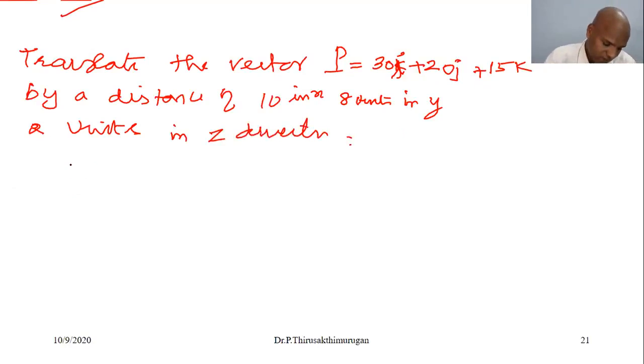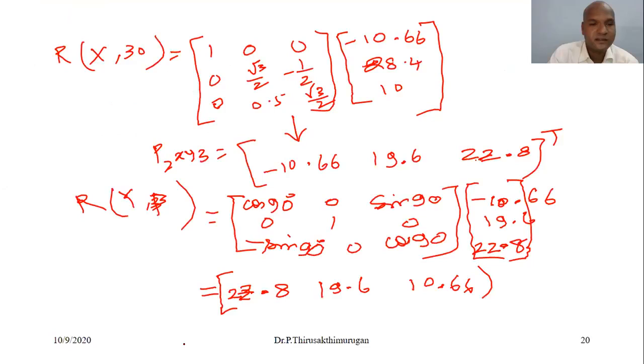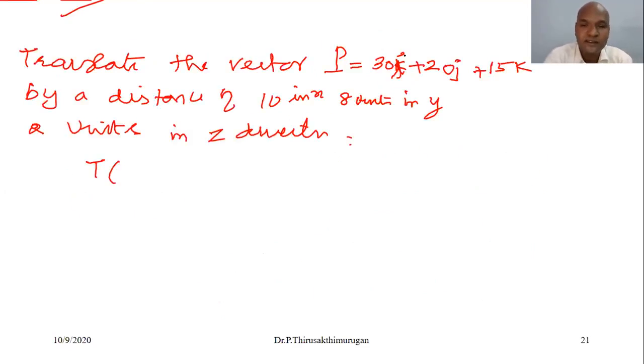So the transform of ABC, what we discussed here is the rotational matrix about X, Y, Z, whereas here is the translational matrix. A point is given. This point is under robo frame. So 30I plus 20J plus 15K.